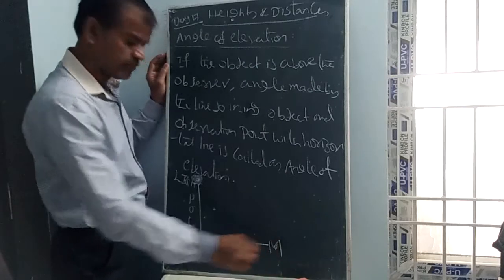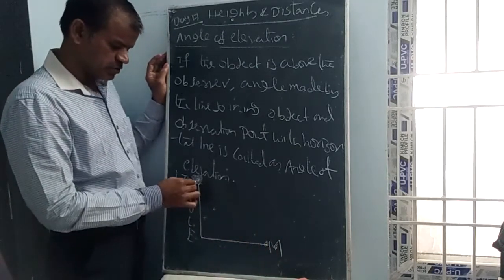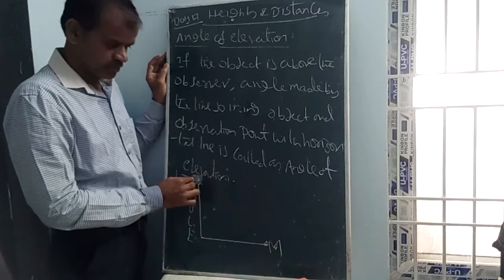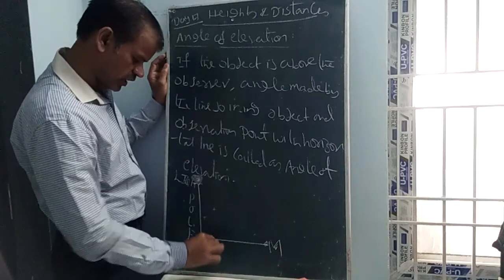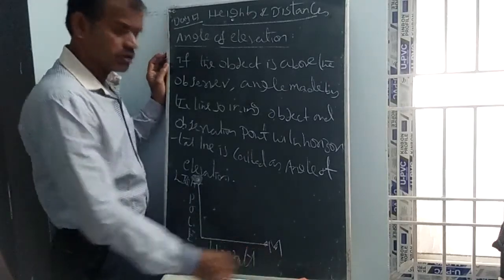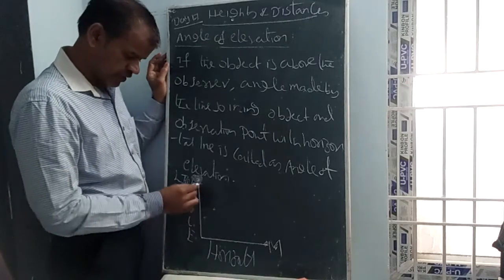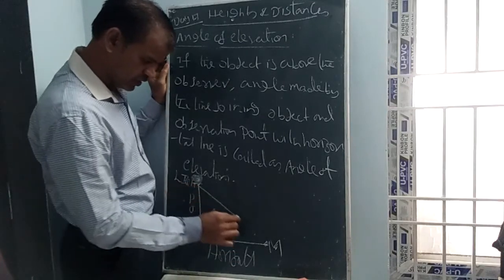He is an observer. He is observing this observation point. I mean, this is the object. The angle made by object and observer with the horizontal line, this is the horizontal line.